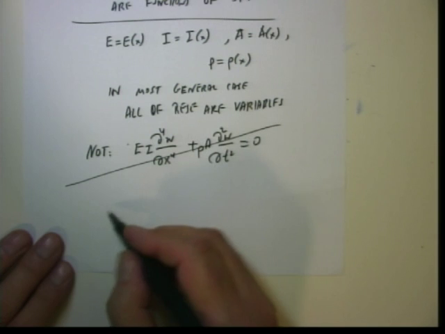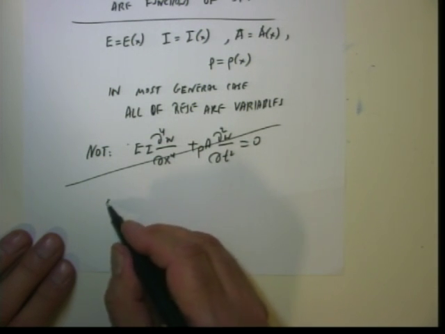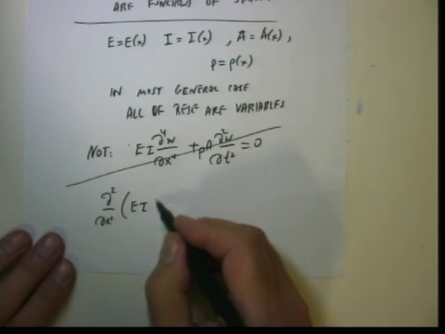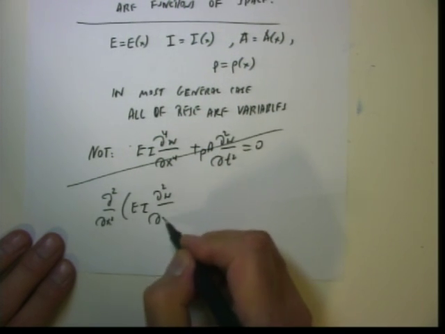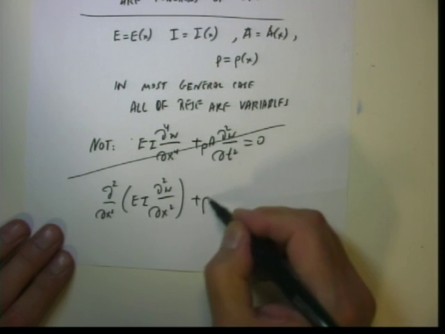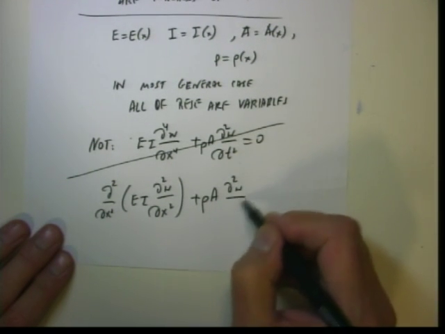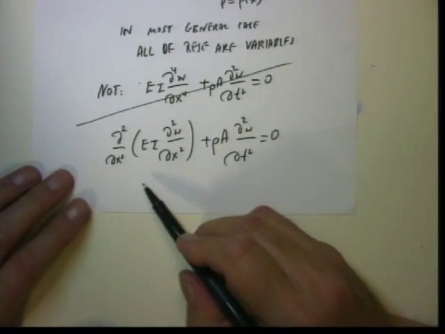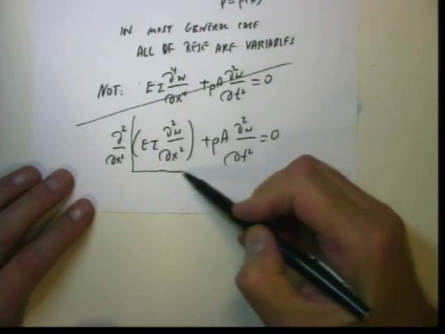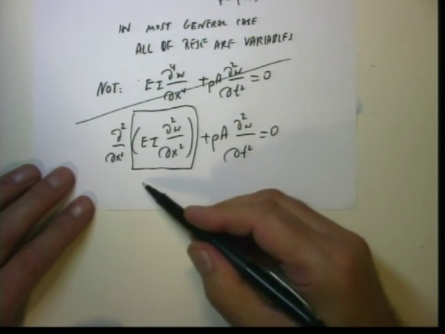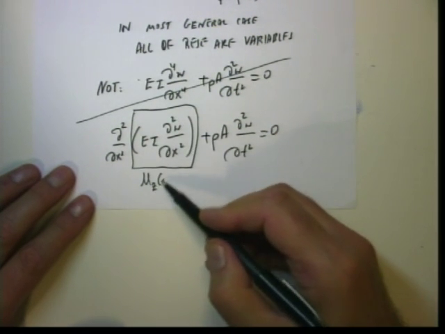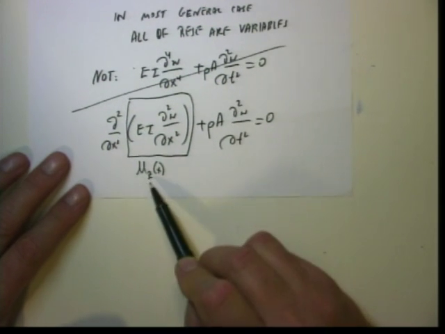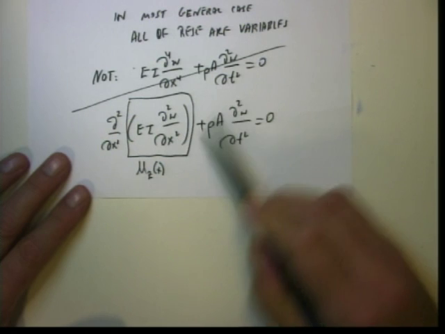Not this equation, but like this: d^2/dx^2 of EI d^2W/dx^2 plus rho A d^2W/dt^2 equals 0. Because this is an expression of the moment. And what is written here is that the second derivative of the moment equals the distributed load.